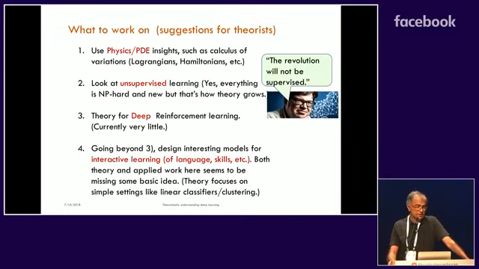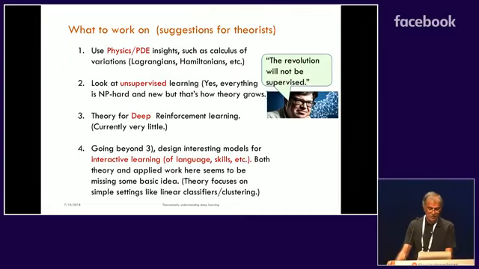And the theory, on the other hand, is focused on some very simple settings like linear classifiers and clustering. So it would be very nice to have language learning, like what all of us did. At some point we were born and we knew nothing, and from there we went to knowing a complicated language by age 3, and it was all interactive.